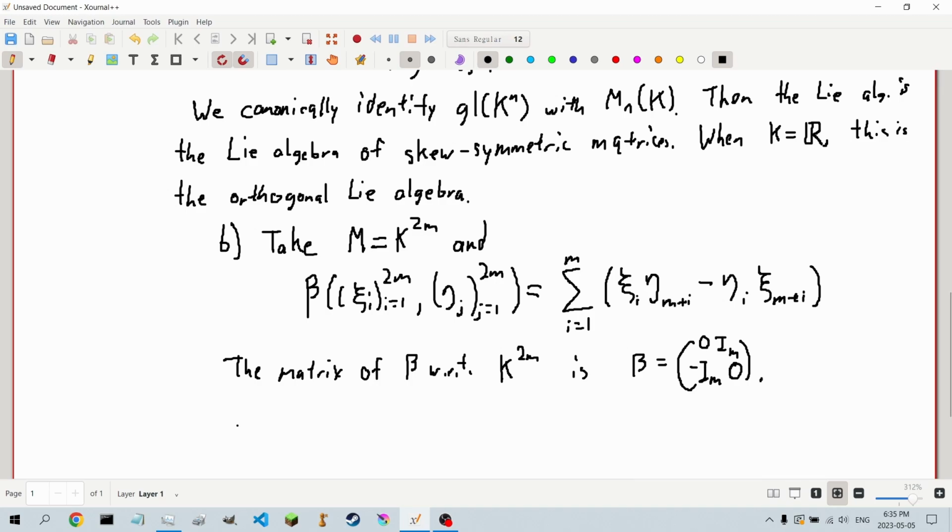We're going to let U be equal to a 2 by 2 block matrix, which we write as four m by m matrices.